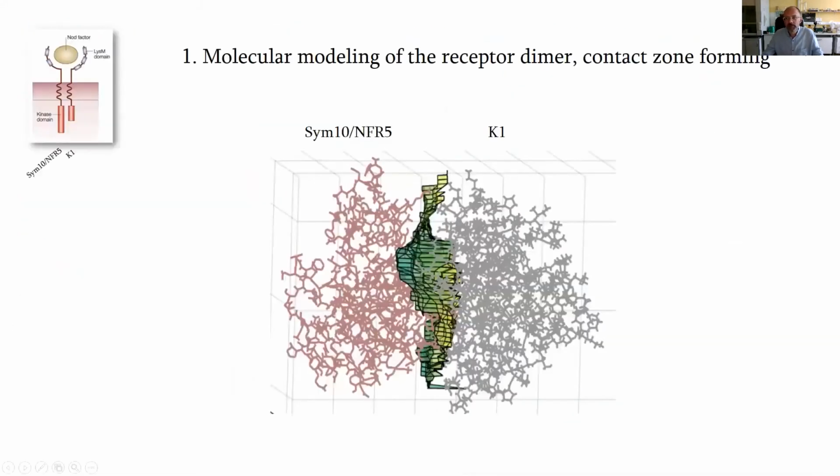And we built a molecular model of the receptor dimer, and we formed a contact zone between two receptors.